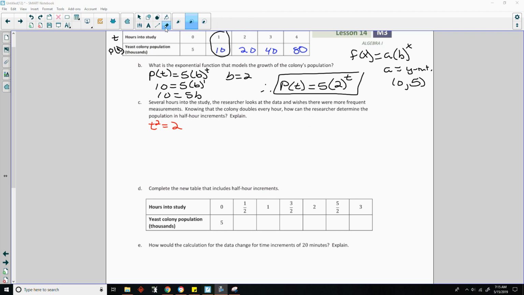Okay, so think of it as this. If the factor is going to change from 0 to the first half hour, we're going to call that change x, okay? That makes sense? We don't know how much it changes, but from 0 to a half hour is a change of x, and then it goes to the next half hour. Well, this is a constant rate of change, so that's going to be another x.